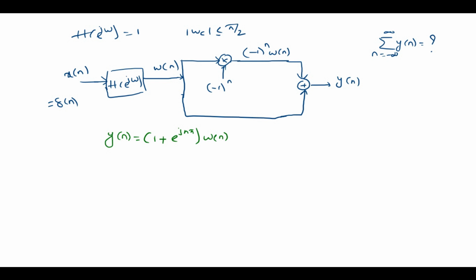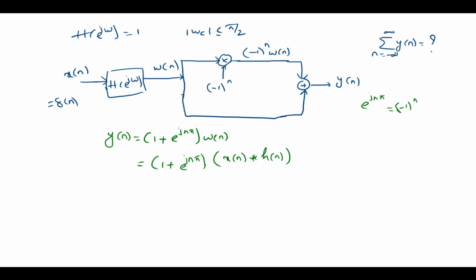This is simply multiplying by (-1)^n, nothing but e^{jnπ}, which is cos nπ plus j sin nπ, and cos nπ is (-1)^n. So 1 plus e^{jnπ}, where e^{jnπ} is (-1)^n. W[n] is the convolution between the input and the impulse response, so it is x[n] convolved with h[n].